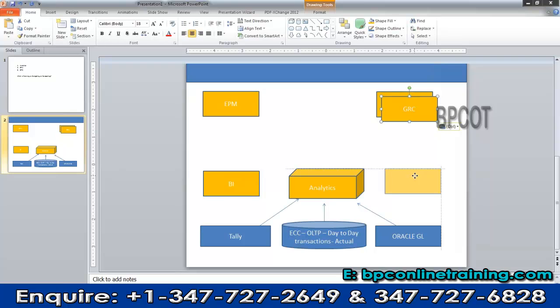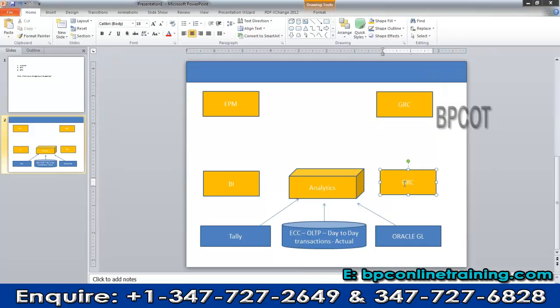Then you have EIM. These are the 4 main parts. One is EPM, another is GRC, next is BI, next is EIM, Enterprise Information Management. BI means Business Intelligence. EPM means Enterprise Performance Management. GRC means Governance Risk Control.